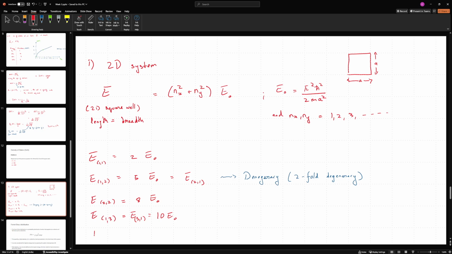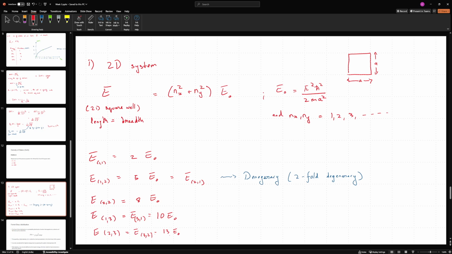and then I shall consider 2, 3 and 3 comma 2. This will be 13 E naught. Then 1, 3 is done, 3, 1 is done, and then I will go to 3 and 3, correct?